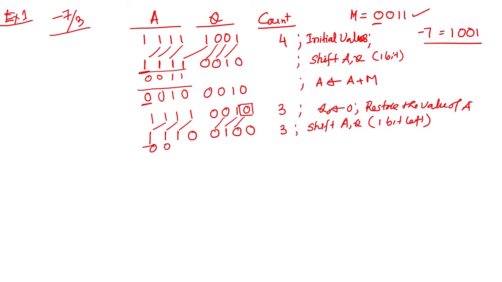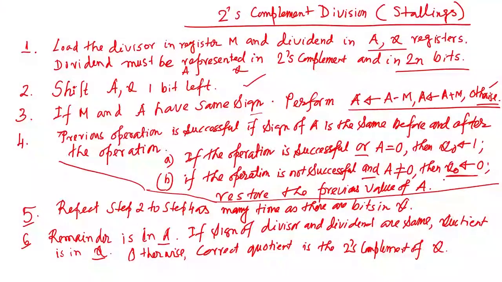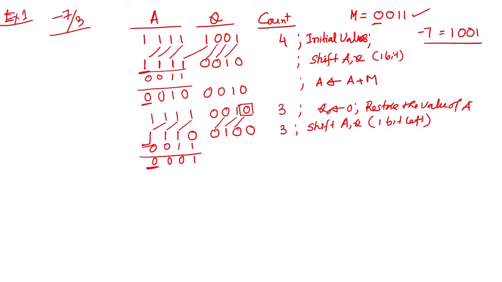So 0 0 1 1 we have to add. This will be 1 1 1 0, 1 1 0, 1 1 0. Again this is 0, this is 1. So again the operation is unsuccessful. If it is unsuccessful, then the next bit of Q also will be 0 and then we have to restore it. So we restore A and Q should be 0.